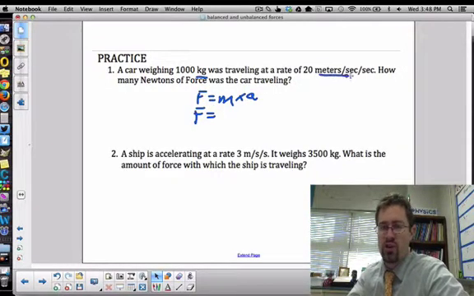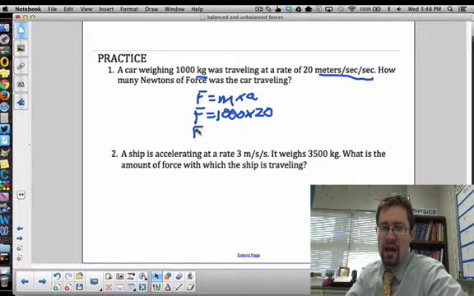Kilograms or meters per second. If you chose 1,000, you're correct! Wonderful. You're great. And 20 is our acceleration. We're accelerating 20 meters per second. So I multiply those together, and I get 20,000 newtons for N.